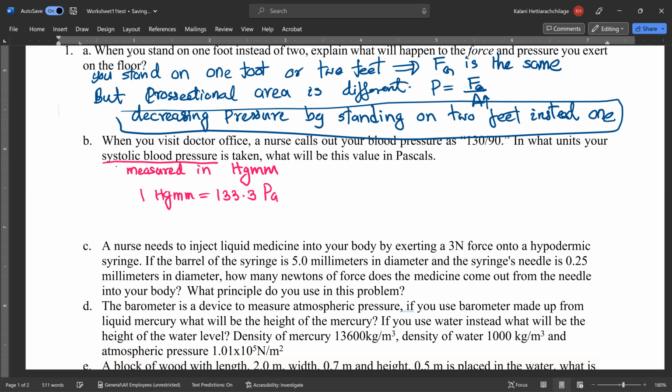That means 130 millimeters of mercury is equal to this much Pascal, and 90 millimeters of mercury is equal to this much Pascal. How do you do the conversion? You just multiply by 133.3 to get Pascal.